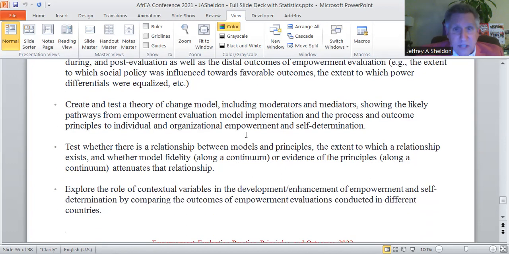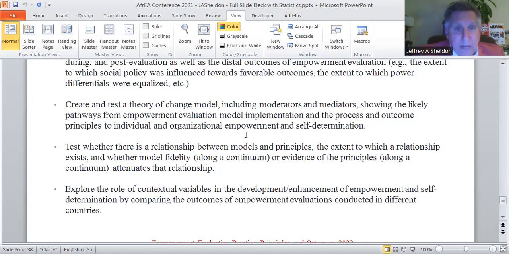Create and test a theory of change model, including moderators and mediators showing the likely pathways from empowerment evaluation model implementation and the process and outcome principles to individual and organizational empowerment and self-determination. So there should be a model that shows how change takes place over time, from the time you as a participant start in the evaluation to the time you get through the evaluation.